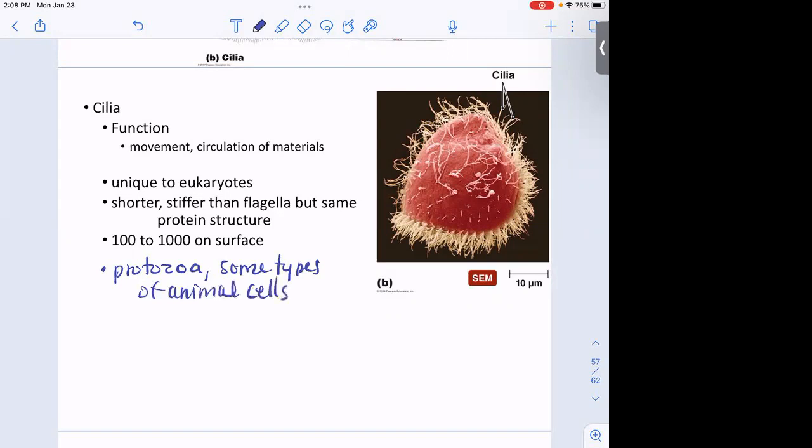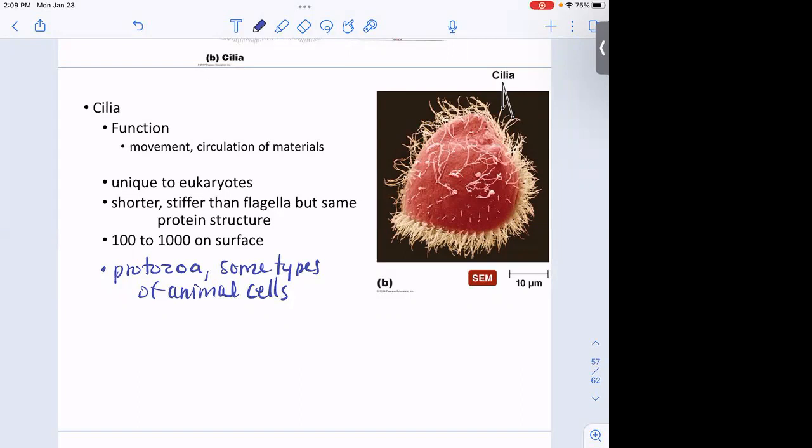Okay, we have ciliated cells in our respiratory tract. So again, if those cilia were moving around in circles, that would make sense. The purpose of them is to move dust and things out of our lungs. Move it in one direction. Again, you will only find cilia on eukaryotic cells.